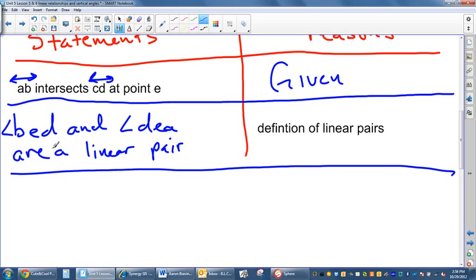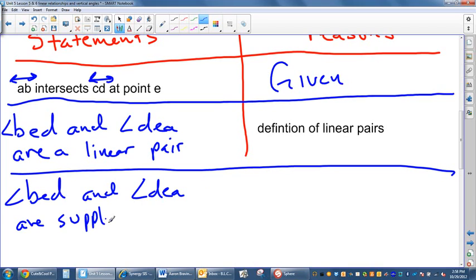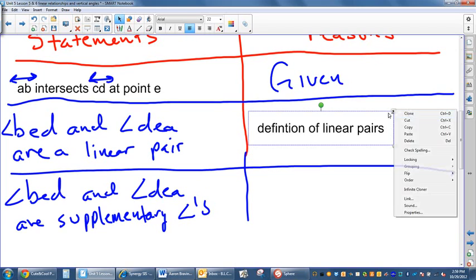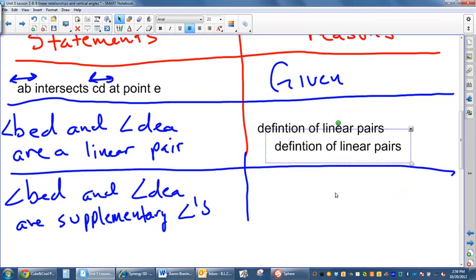Good. So we have angle BED and angle DEA are supplementary angles. And I know that because of the definition of linear pair. The linear pair is supplementary.